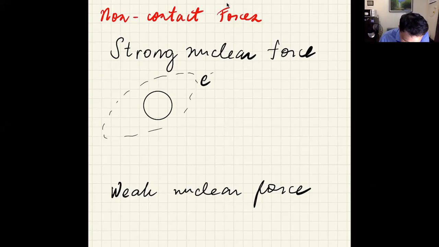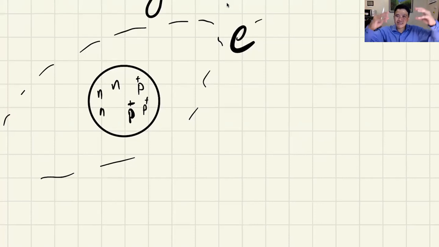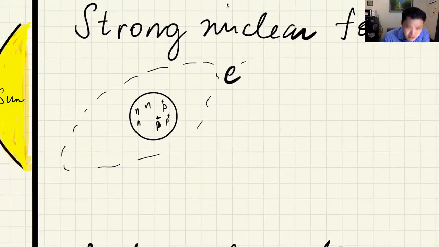Inside the nucleus, you have the proton, positive charge, and you have the neutron, no charge. But they seem to be bound. That force is the strongest force. Although it's a very, very short distance, it's still non-contact. They're bound by that very strong nuclear force.